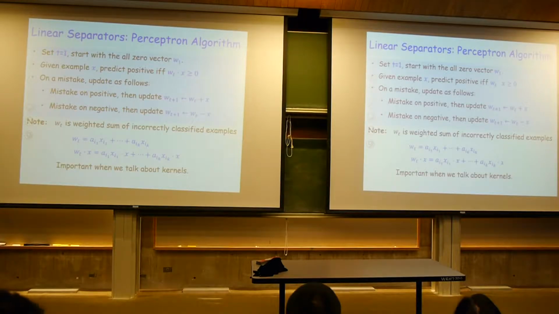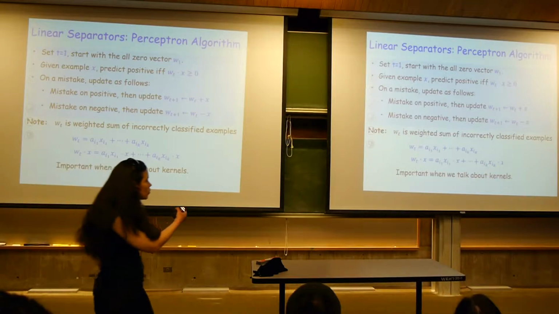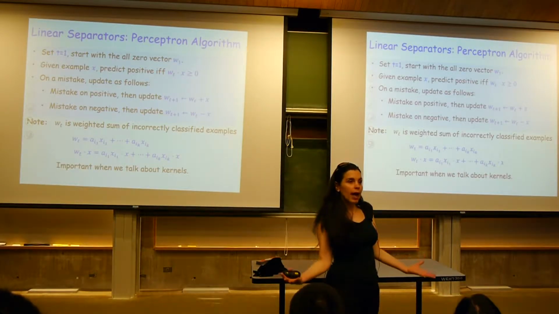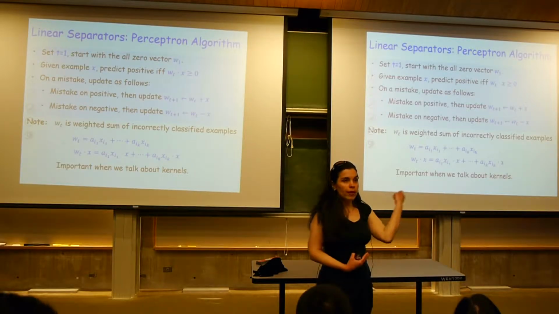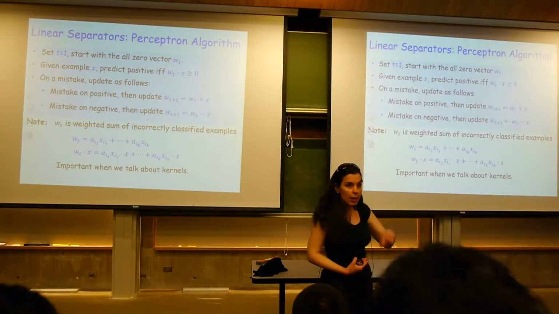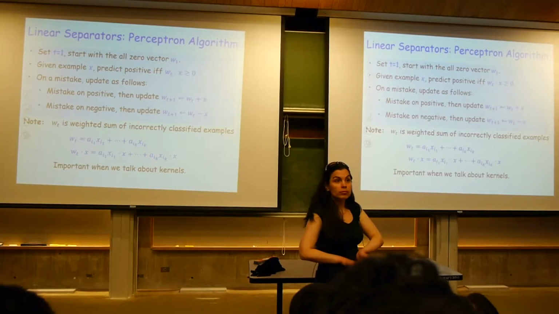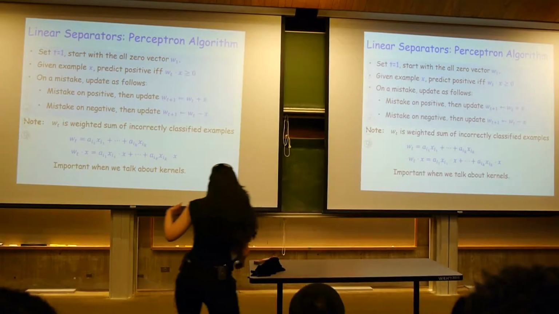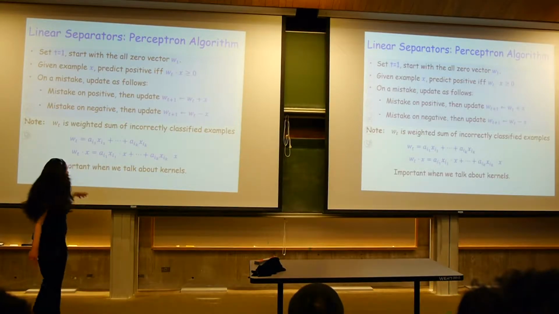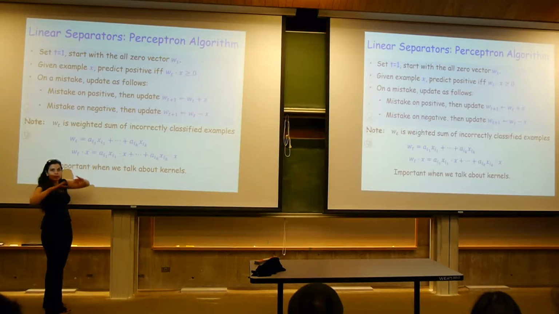Cool, so that's the perceptron algorithm, and actually it's also very immediate to see, and this will be useful when we talk about kernels. Given the way the algorithm operates, at any given moment in time, WT, the current weight vector, is a linear combination of the examples on which we made mistakes, right? So for example, if all the examples that we see are distinct, then at any moment in time WT will just be a sum of the examples I've seen so far.